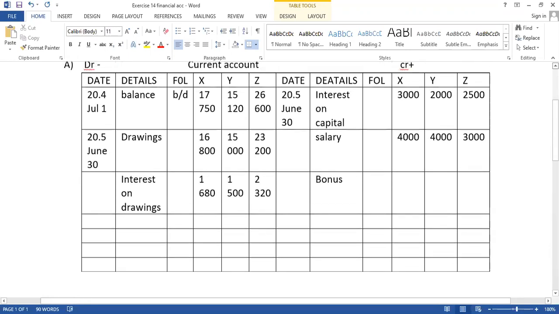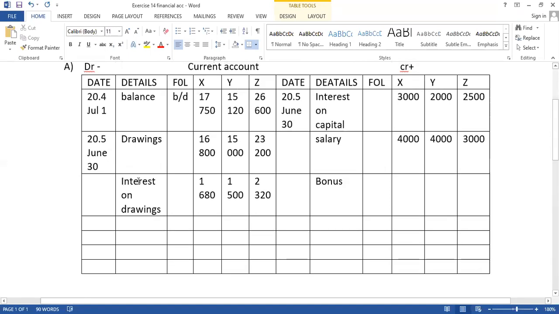You go to your current account. All transactions that are recorded on the debit side, apart from your drawings and your balance, should be added to your profit.